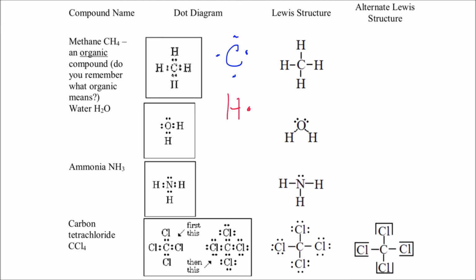So let's look at how we would write that, building it. We would put our carbon in the middle, and we would put its 4 electrons around it. Then we would put a hydrogen next to each of those with its electron.